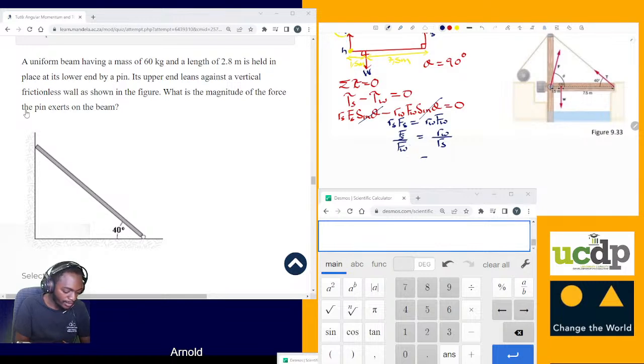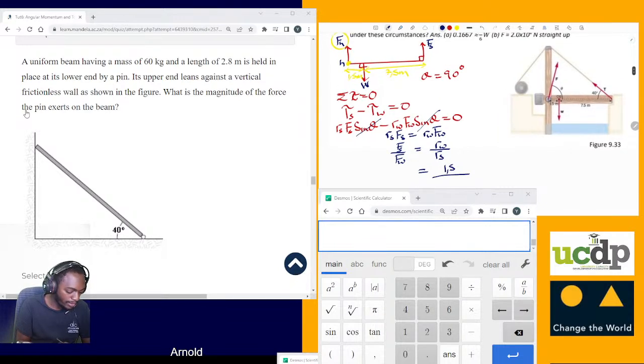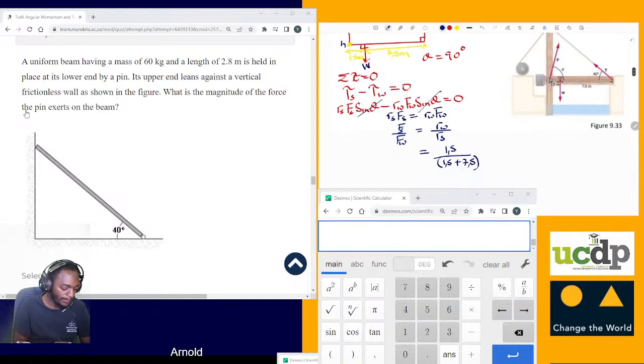So that is the fraction that we're looking for, and RW is 1.5. To the point where we've got FS, that's 1.5 plus 7.5. So we can then punch this in to get our fraction.